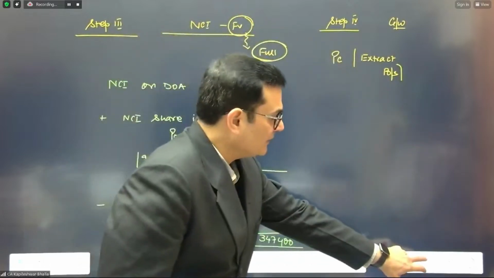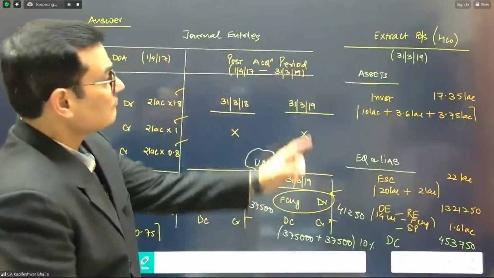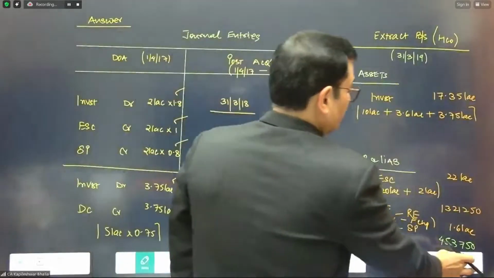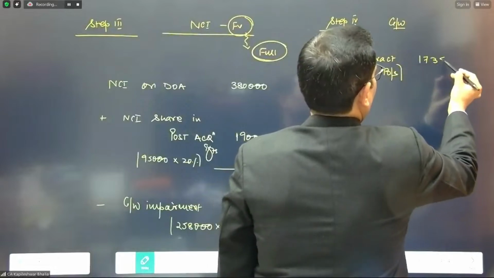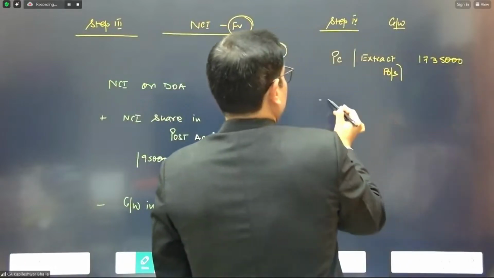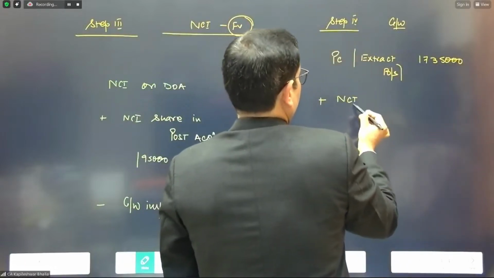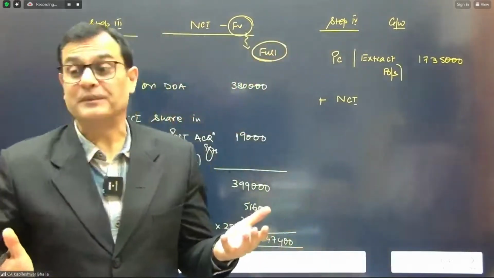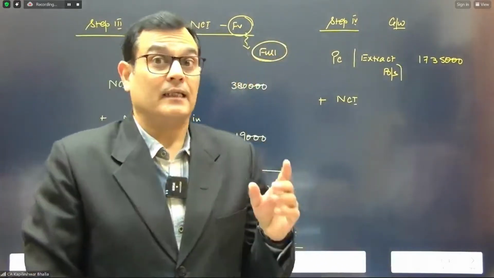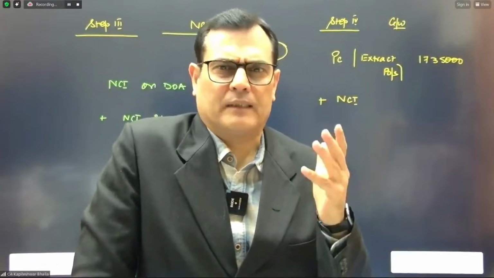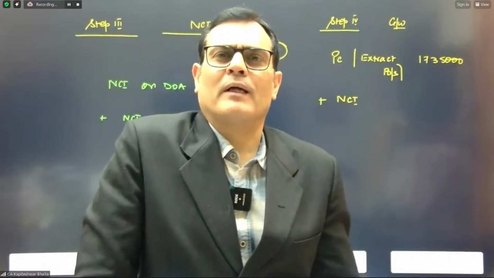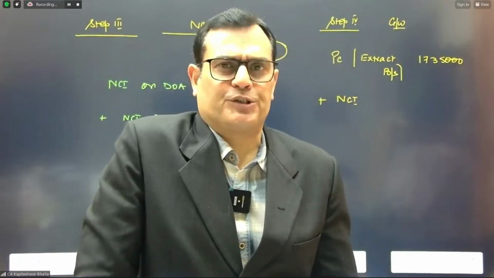So let's go back to the extract balance sheet. The investments is appearing at 17,35,000. So that is the purchase consideration. And then you add the NCI, and something stops me. And what is that? I should not take this NCI from step number 3, but in this case, number 1, there is no dividends.